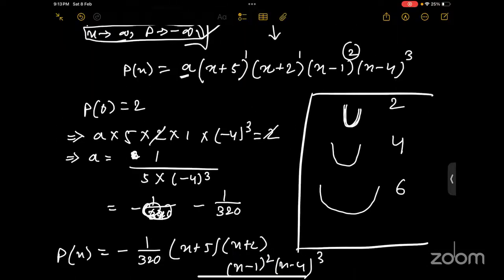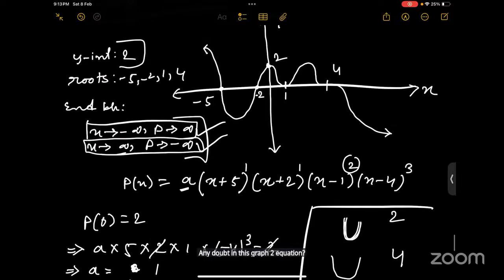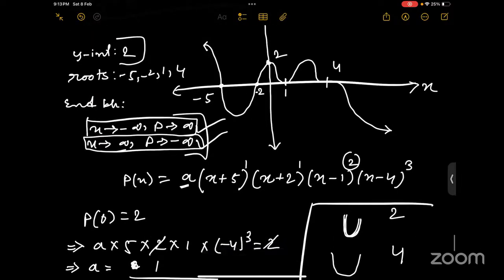Any doubt in this graph to equation? No, right?